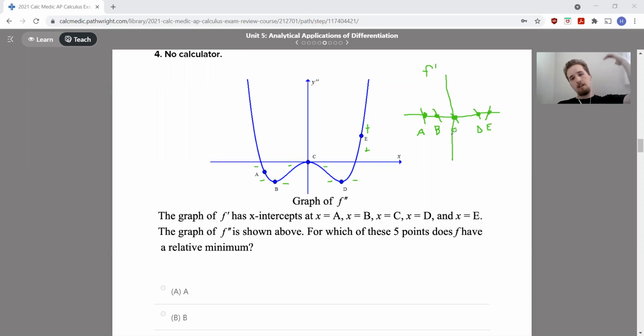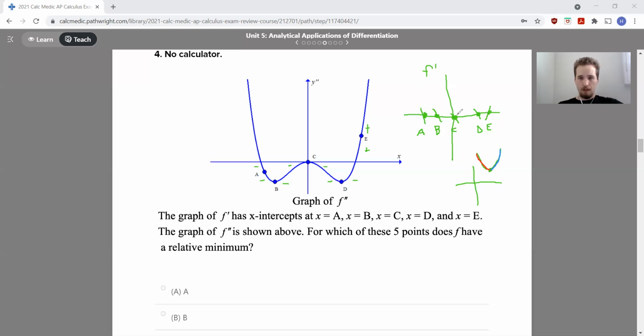So if we are to do this test for this first derivative here, which of these is a relative minimum? Well, if you have a relative minimum, the slope decreases before a relative minimum and then increases after.